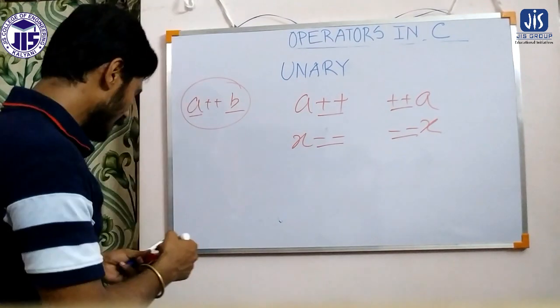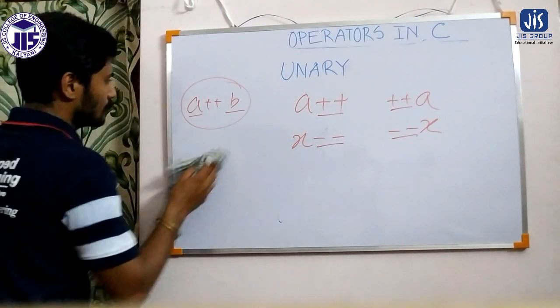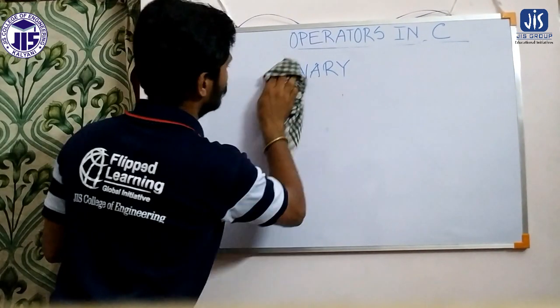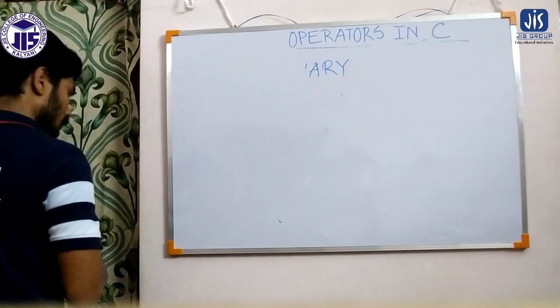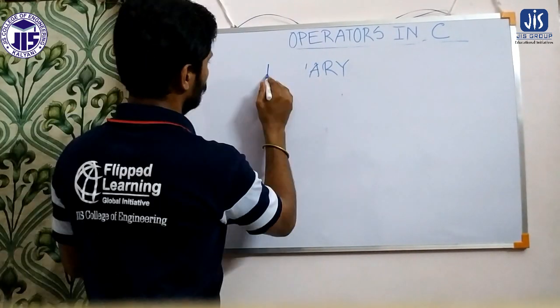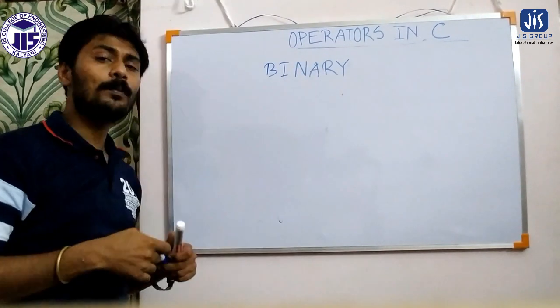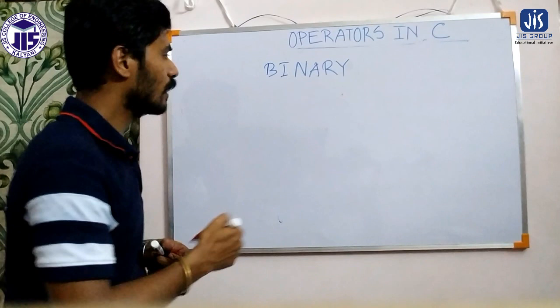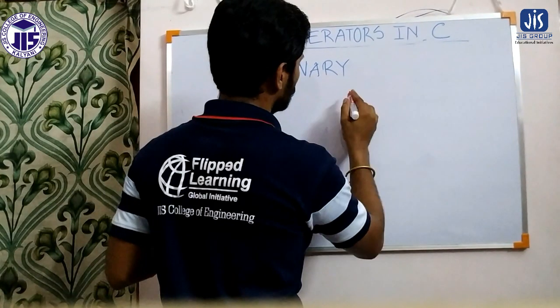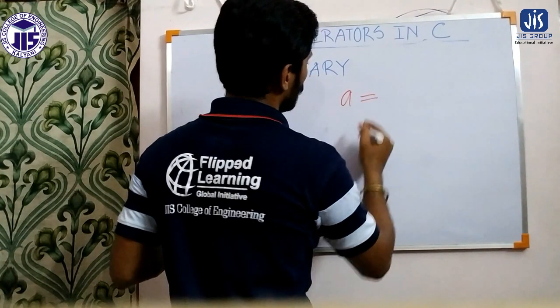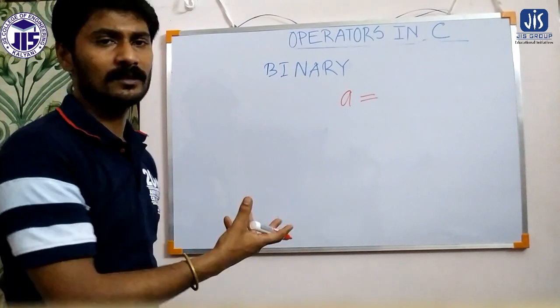Now if I come to binary operators, they will perform operation on 2 operands. For example, if I write a equals to, what does it mean? It means nothing.